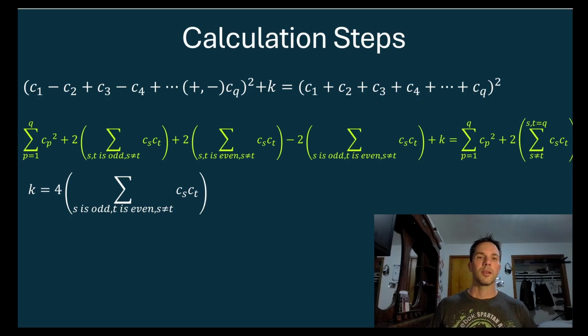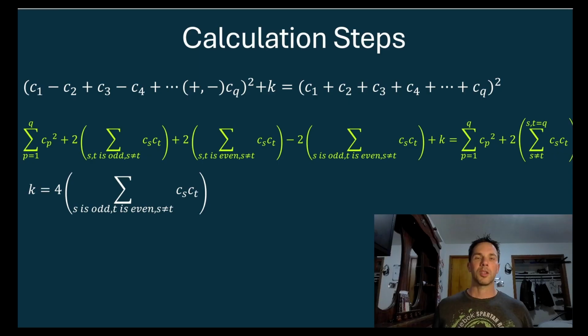Now, on the left-hand side, for our positives, we have two where the subscripts are odd, two where the subscripts are even. And on the right-hand side, we have all combinations of the subscripts, every single combination. So every combination where they're positive will be removed.